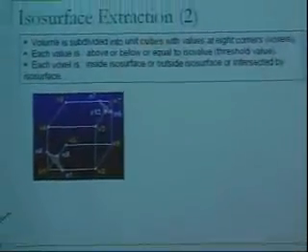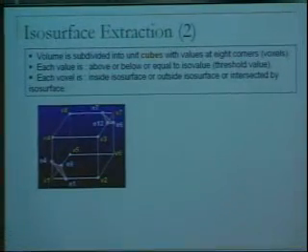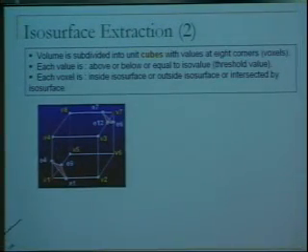Marching cubes is a divide and conquer approach to locate the surface. It subdivides the whole volume into units with 8 values at 8 corners. If a value is bigger than the iso value, we define it as outside the isosurface. If it's smaller, then it's inside.